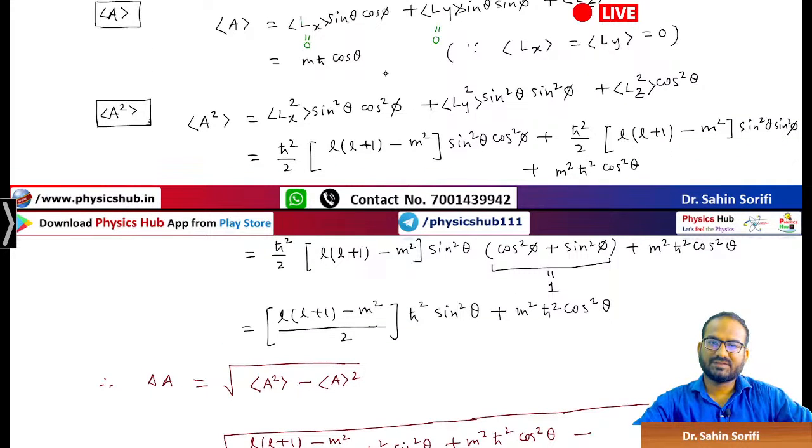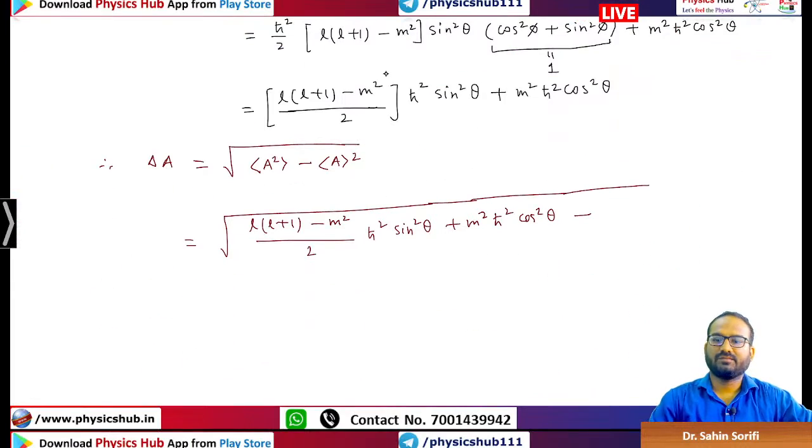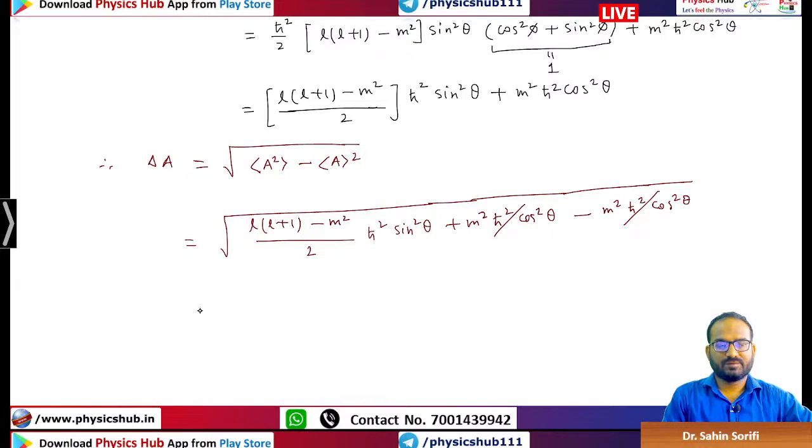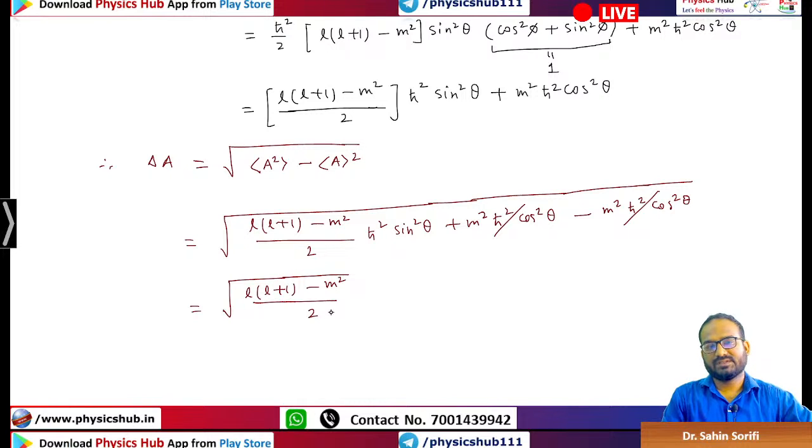So m h cut cos theta we got. So this will become m square h cut square cos square theta. So these two terms are getting cancelled. What you are left with is the square root of L into L plus 1 minus m square divided by 2.